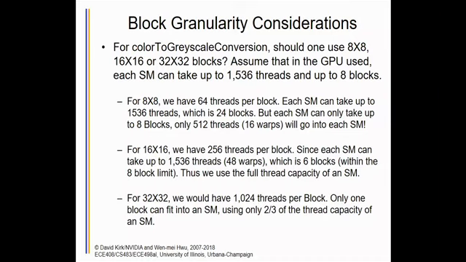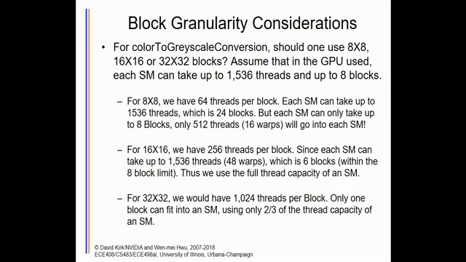8 by 8 thread blocks give us 64 threads, so there will be 2 warps in the thread block. Fine. From the warp point of view, it's not bad. But since each SM can take up to 1,536 threads, that means for 8 by 8, we can accommodate up to 24 blocks, right?